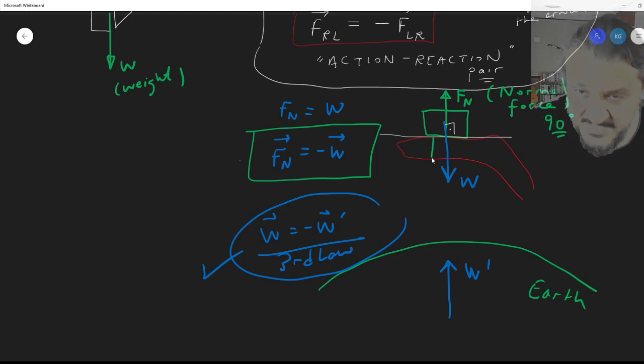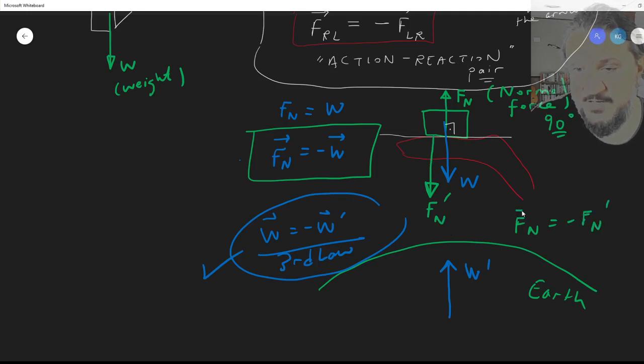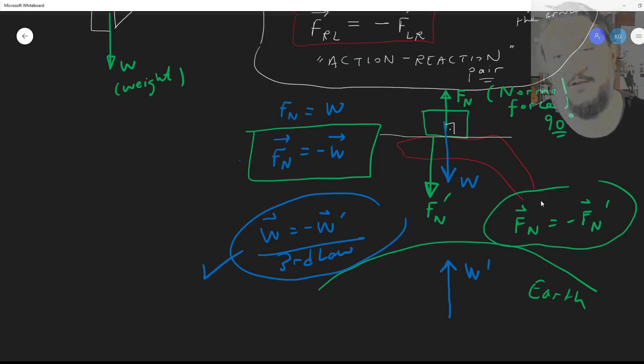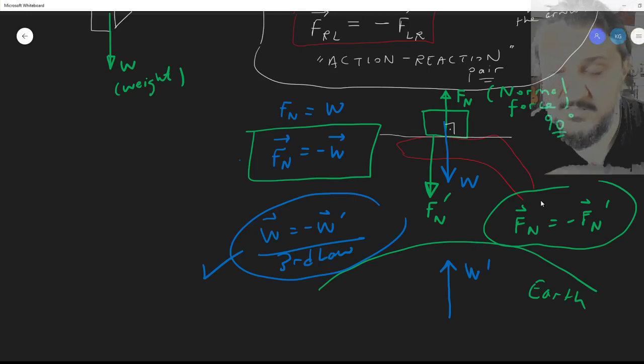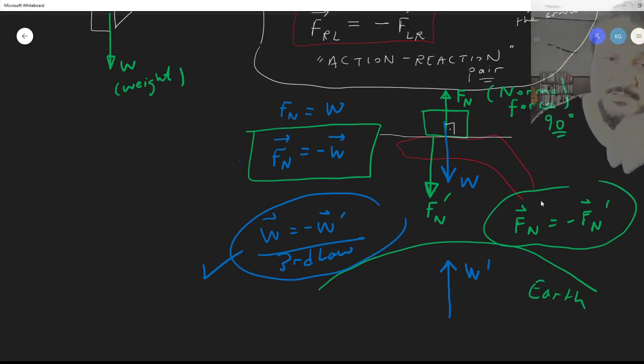This is the force that I can maybe call Fn prime, and Fn is equal to negative Fn prime. I found another action-reaction pair. Fn is my hand pushing the object, Fn prime, the object pushing my hand downward. So I found two pairs as examples of the action-reaction pairs in Newton's third law.